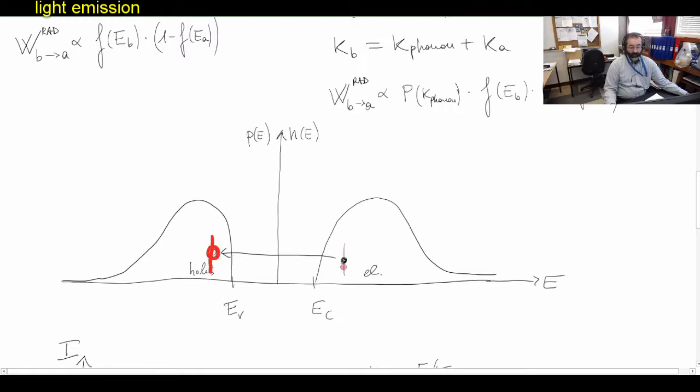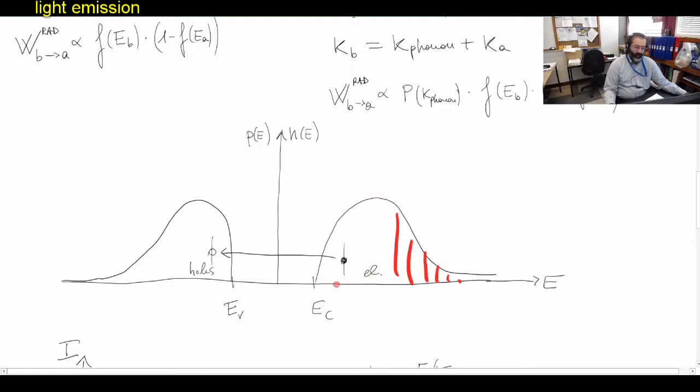This function tells us how these electrons are distributed, and how many electrons there are. At this energy there is a certain number of electrons. At this energy there are more. There are more up to here. This is the maximum, and then there are fewer down here.